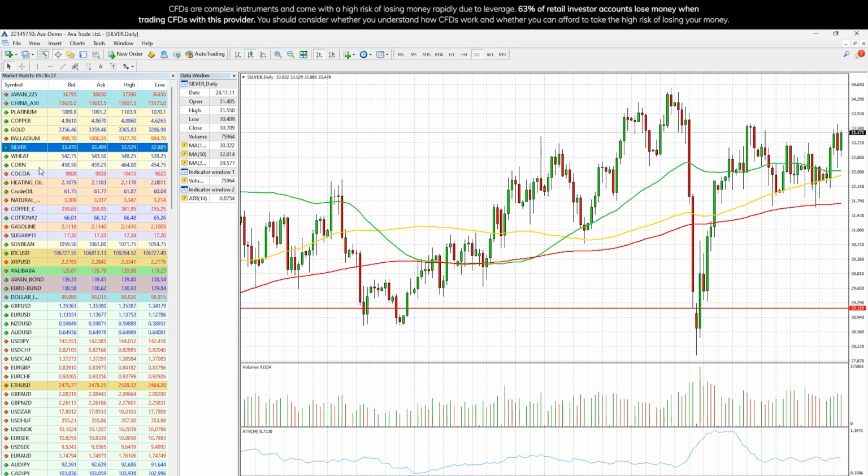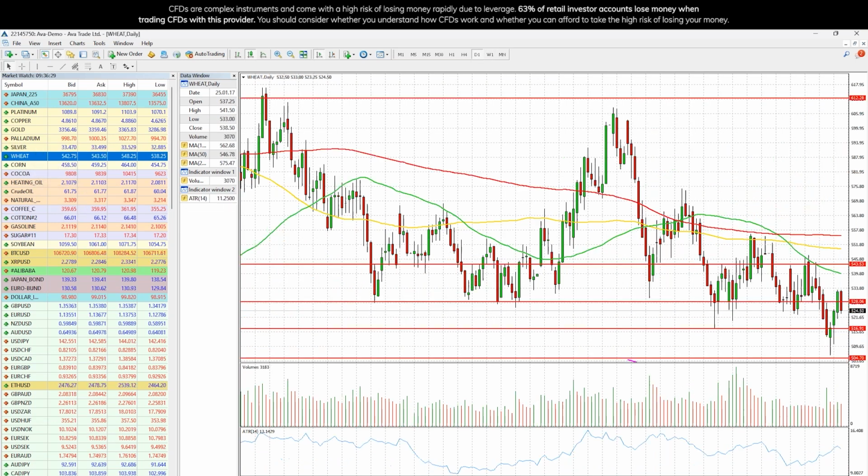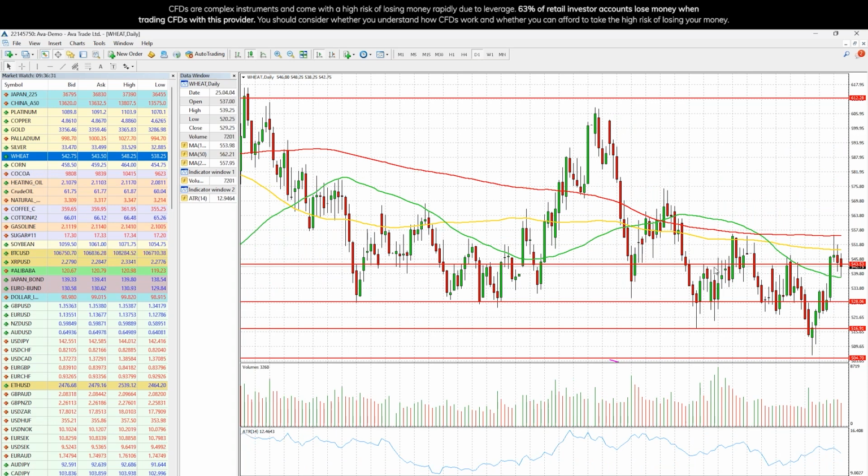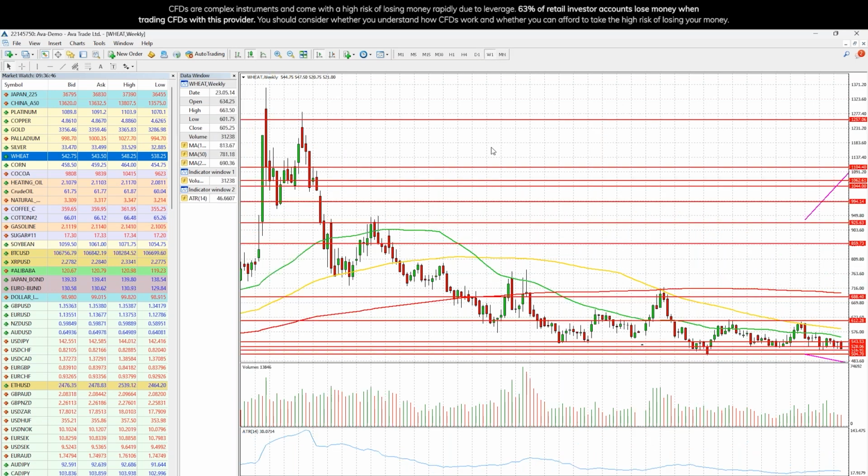Next one, of course, the grains, wheat and corn. Finally, they show some strength after a lot of action to the downside, making lower lows and lower highs. It could be that we're trying to get out of the woods here. We did close above the 50-day moving average here on the wheat. Let's take a look at the weekly chart.